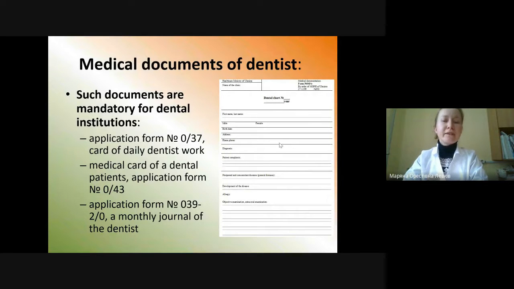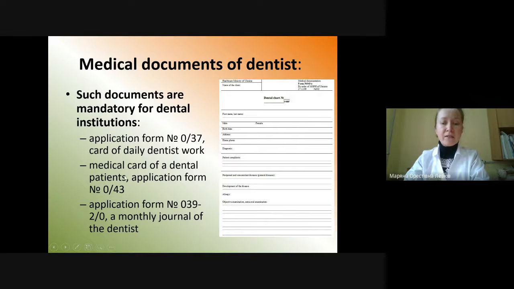And final statements about documents that are used at the dental reception. In Ukraine, such documents are mandatory for dental institutions. Application form number 037. It is the card of daily dentist work, where the dentist should record all patients and all work that was done for this particular patient.